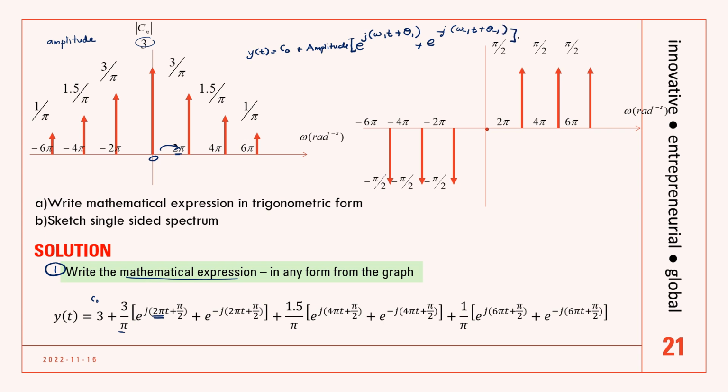Okay, and then you can continue. You just need to change the value of amplitude, the value of this, the value of that. Therefore, the next term is going to be the amplitude for the second term.